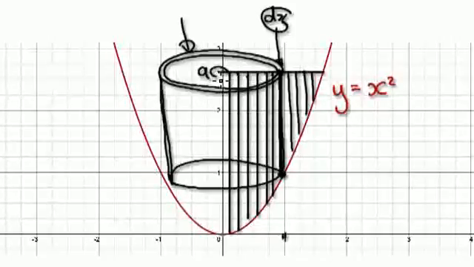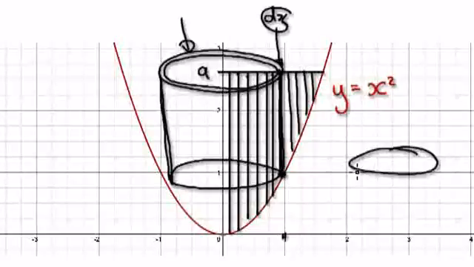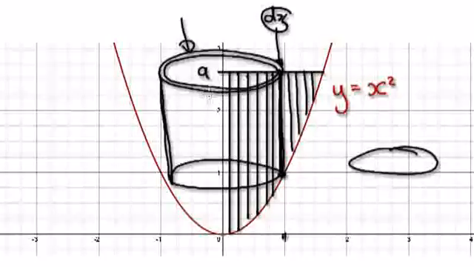If you look at this other rectangle here, when you rotate it 360, it's going to form another cylinder. When you sum up all the cylinders, you're going to get the volume of this whole thing.